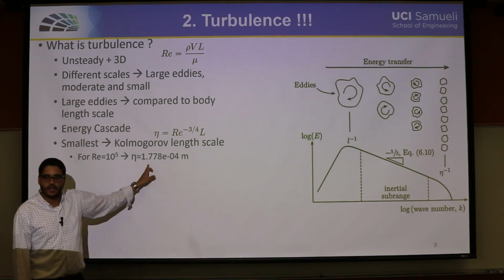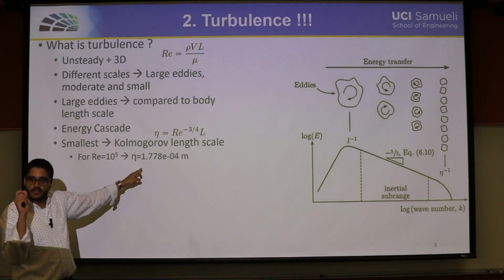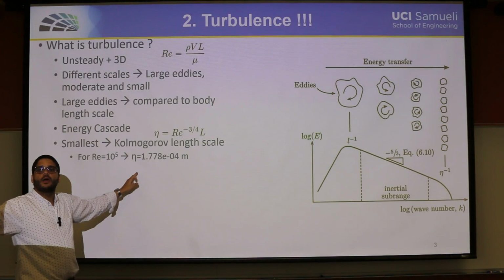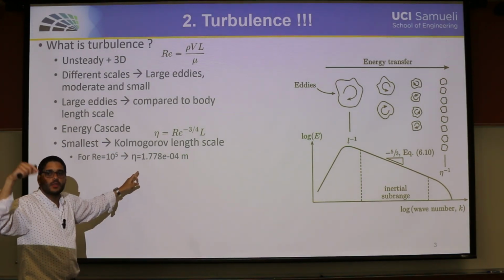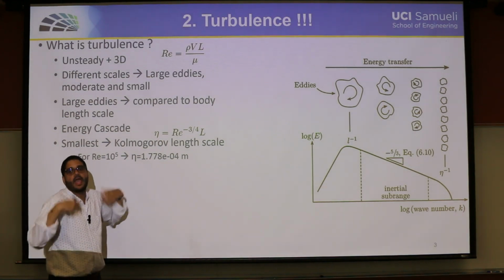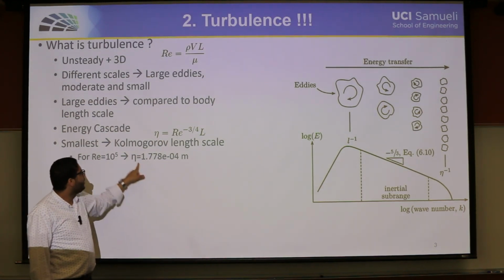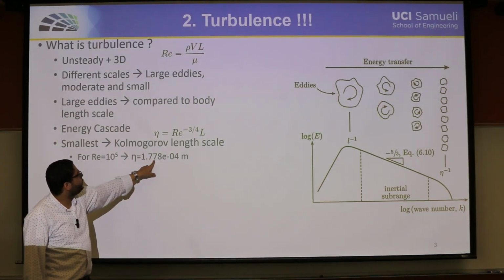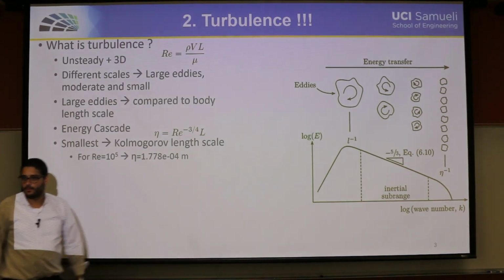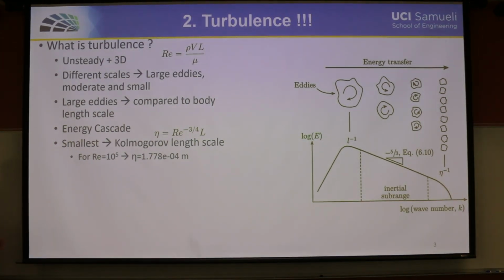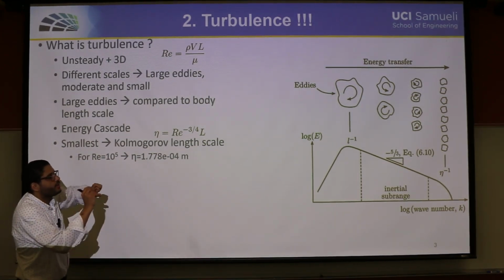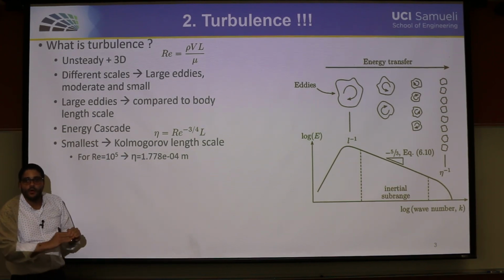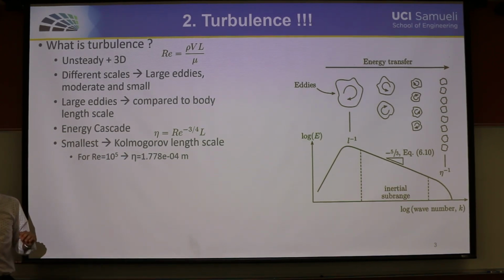If you computed eta, the smallest length scale, your grid size should be at least 4 or 5 or 6 times smaller than that to capture those eddies. That eta is equal to 1.7 times 10 to the power -4. So good luck having that grid size, and it's not only near the boundary or when you have a shock wave, as we have been talking.